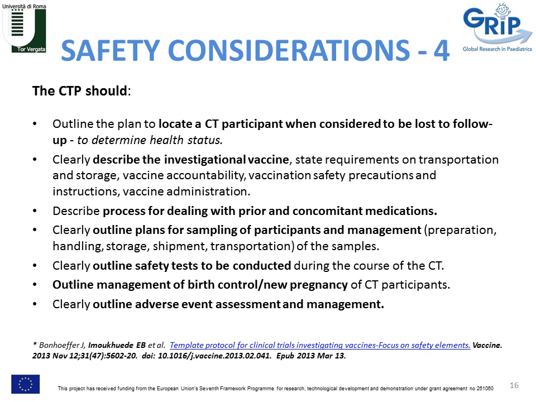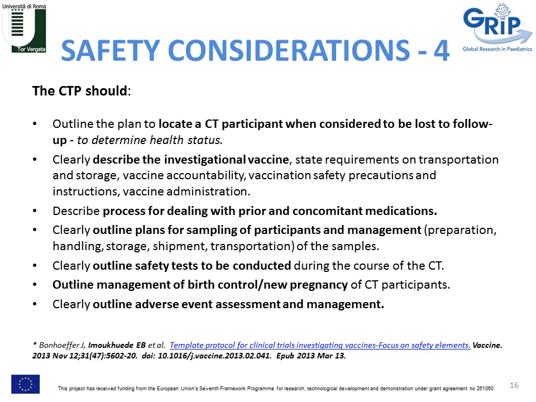You clearly describe the investigational vaccine, state requirements on transportation and storage of the vaccine, accountability, vaccination safety precautions and instructions, and vaccine administration. It describes the process for dealing with the prior and concomitant medications, that is, medications being taken before or during the clinical trial that are not part of the clinical trial.